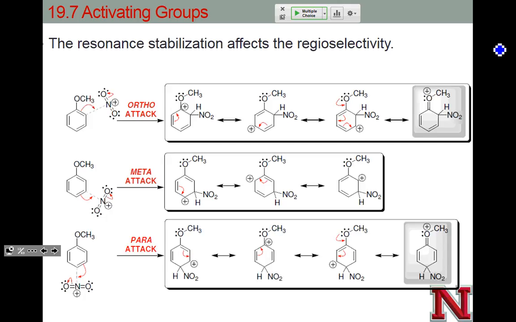In the para position, we see the same thing, and because the OCH3 group is fairly large, we typically get mostly para attack, but we do say this is ortho-para directed. We'll get almost no meta.